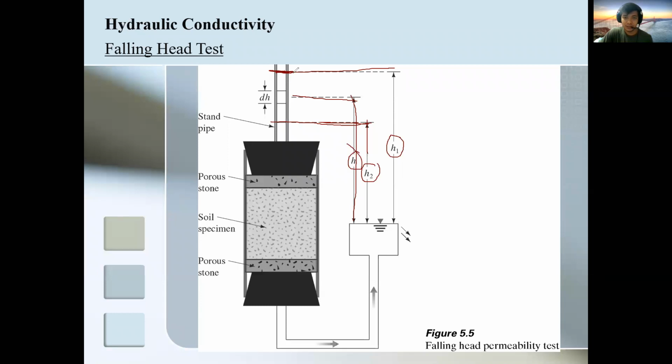Or you can just subtract this one, di ba? Muna siya inyong H, delta H. So again, this one is also the length of your specimen since the direction of the flow is parallel to the length. And this one is your area, the cross-sectional area, which is perpendicular to the flow of water.